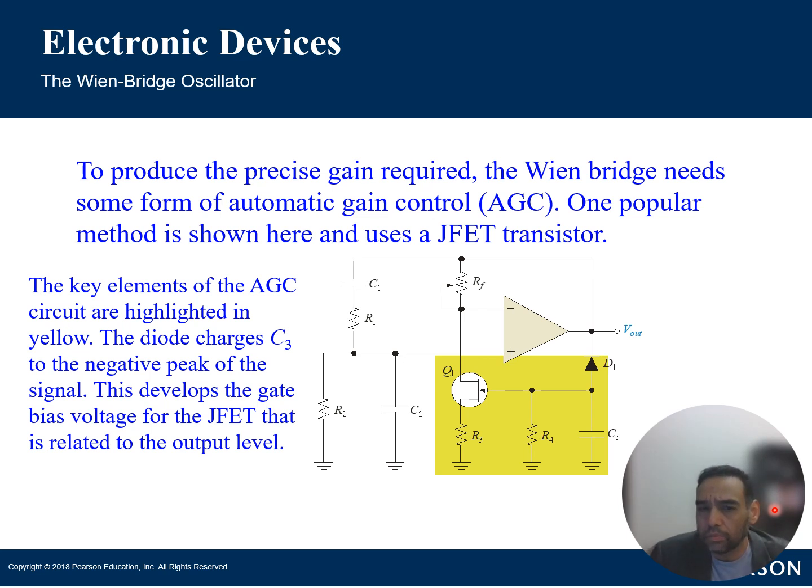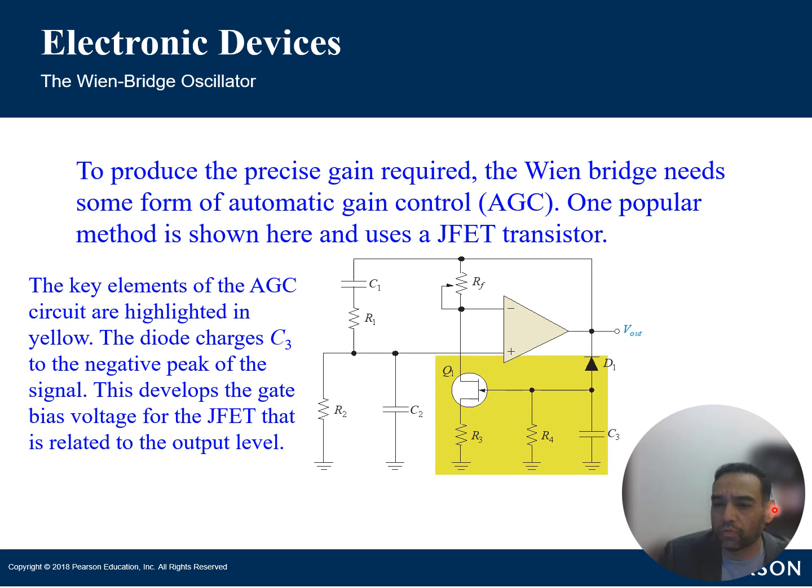So that is not something you'd want to use if you want to have a very precise value of tuning with your Wien bridge oscillator. So you can use a potentiometer to tune it to where you need it to be, and then you can actually design it with the physical components that are stable, static.